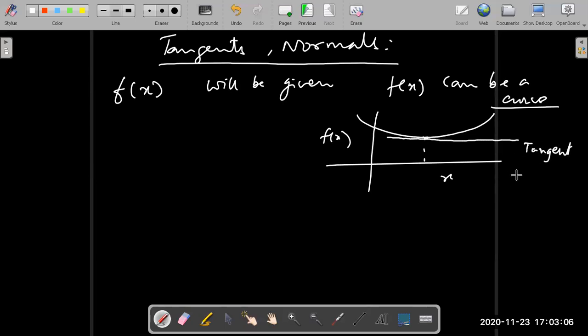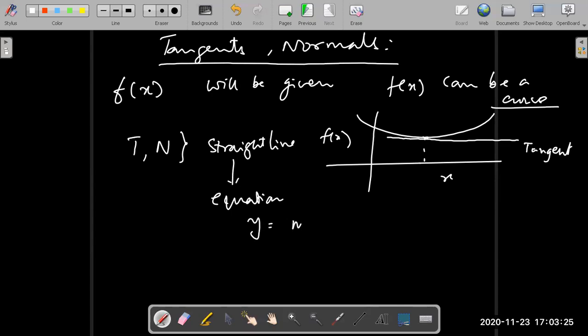The moment we say it's a tangent, both tangents as well as a normal are a straight line. If it is a straight line, it will have an equation. We know the straight line equation is y is equal to mx plus c form.